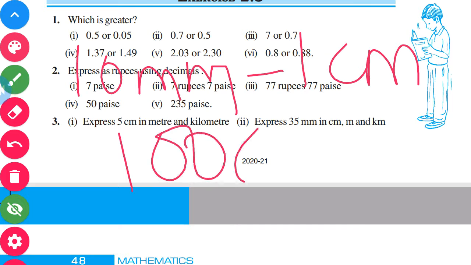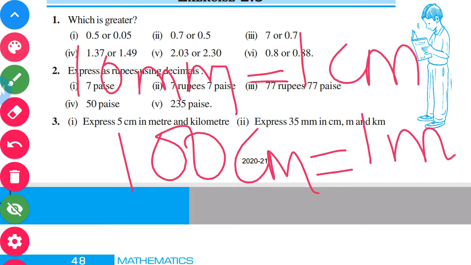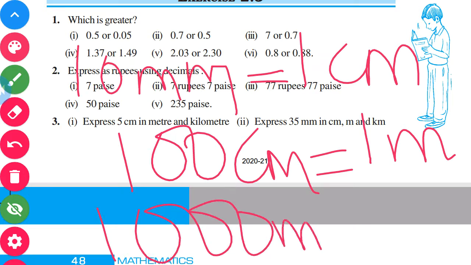And 100 centimeters is equal to 1 meter. Okay. And similarly, 1000 meters is equal to 1 kilometer. This is what the conversion actually is. You can write this down in your spare rough book if you want. Now let us go with the second one.